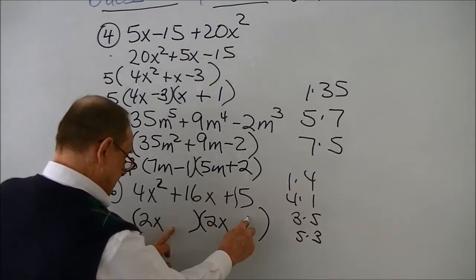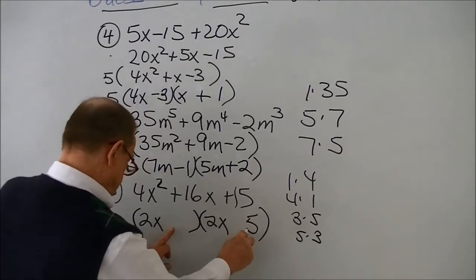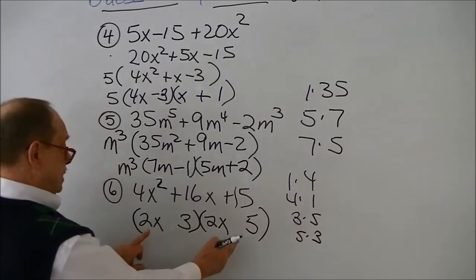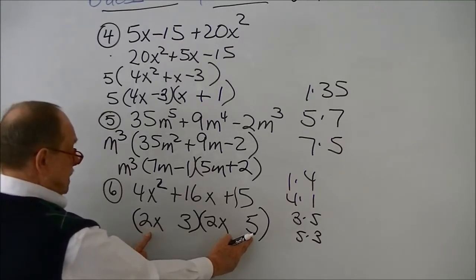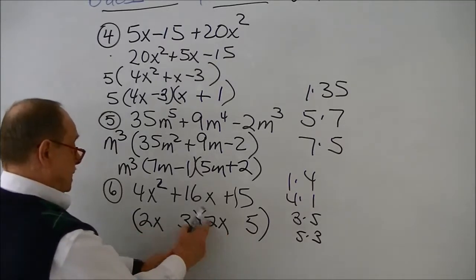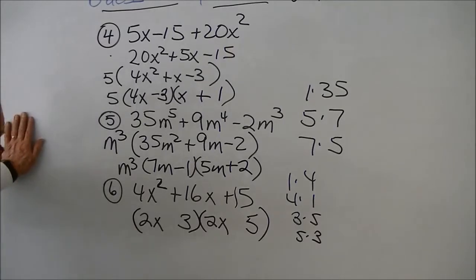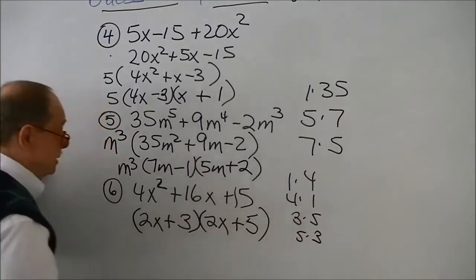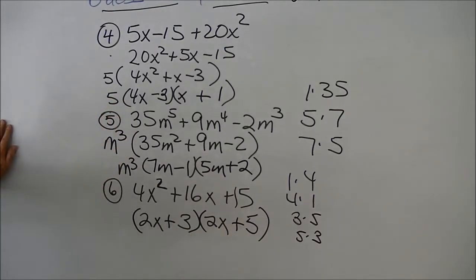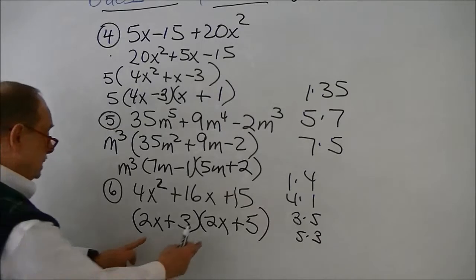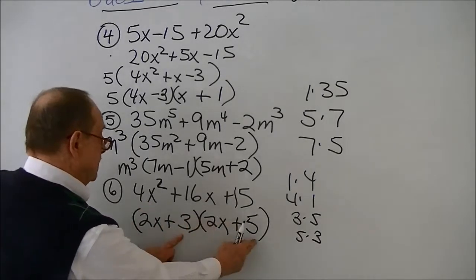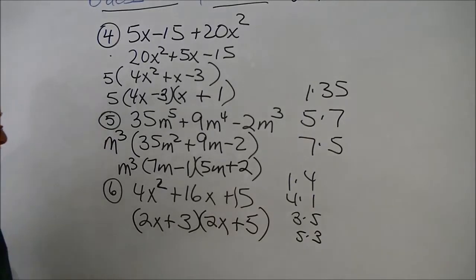This is going to be a 5 here, and this is going to be a 3 here. Okay, that's good. Because there's a positive 10, positive 6 adds up to 16. I'm kind of lucking out today, but these are challenging. And FOIL it. Outers, inners, I did that one. Yeah, that checks.